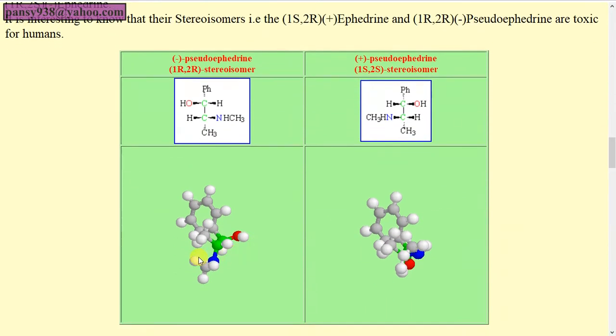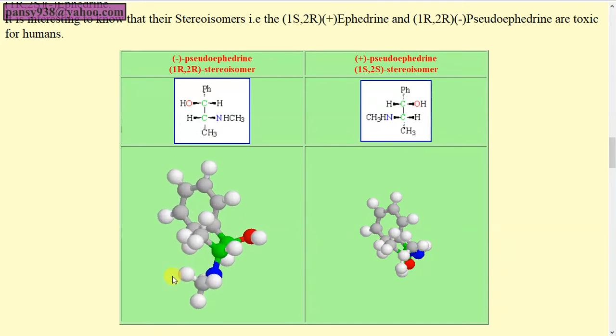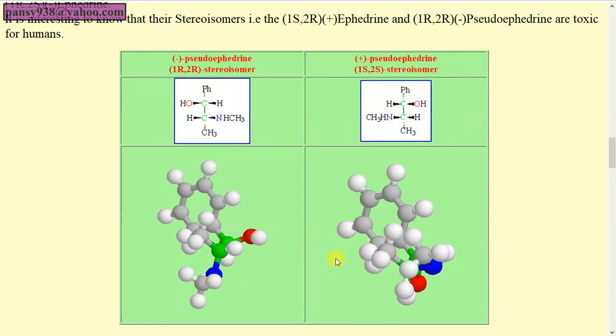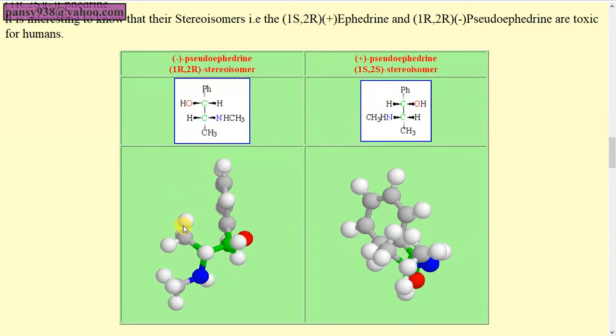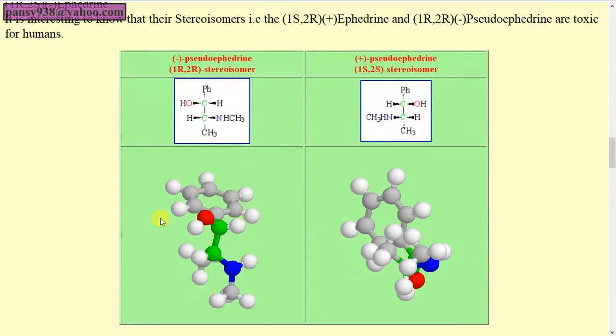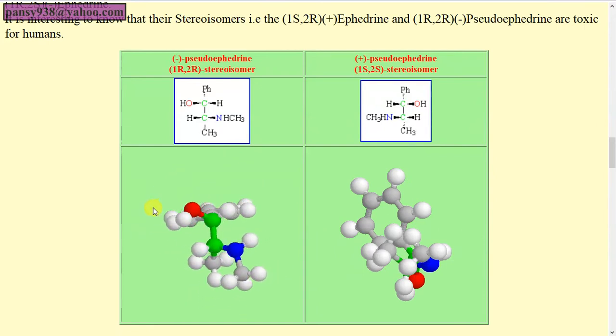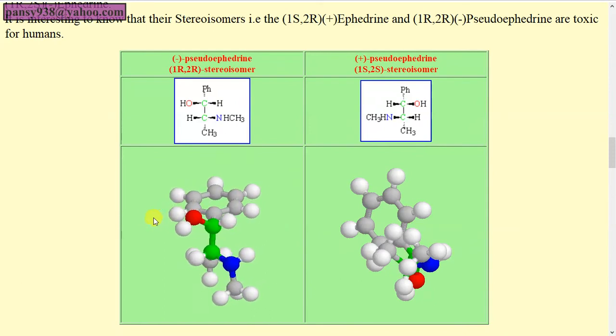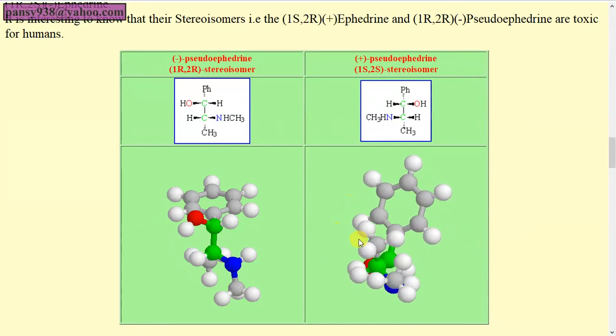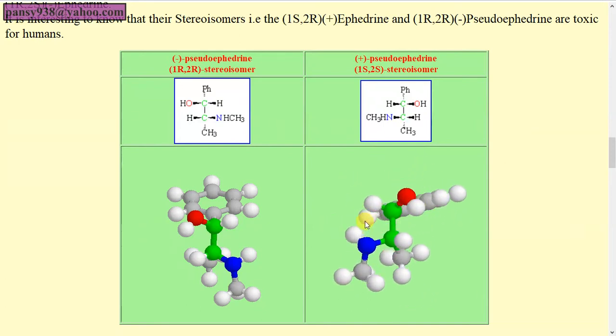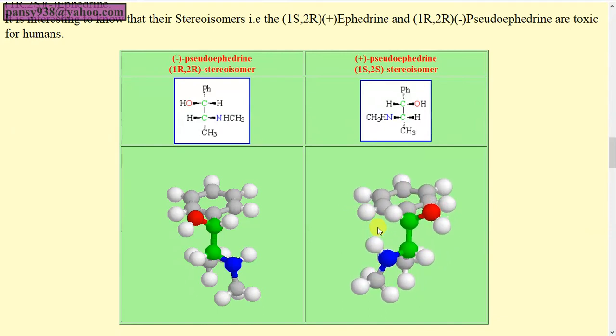The 3D molecules of the compound. Let it be arranged like two-dimensional, where the phenyl group is at the back side of the molecule. You see that in this case. And in the second case, a clear difference lies.